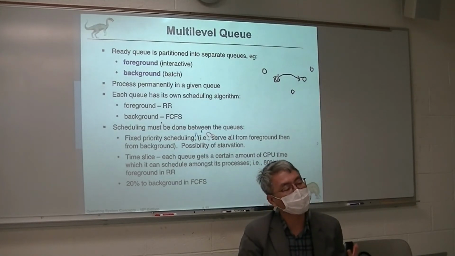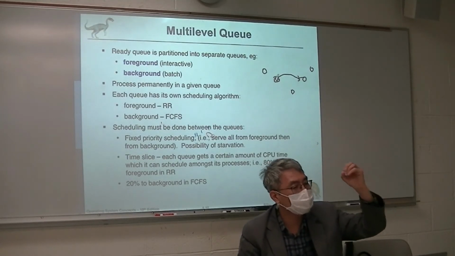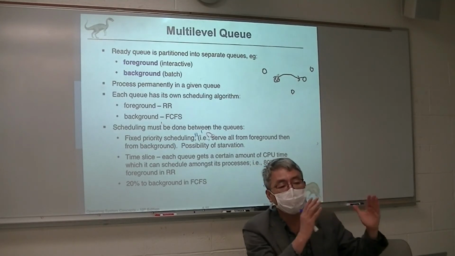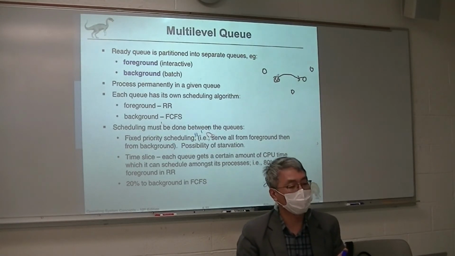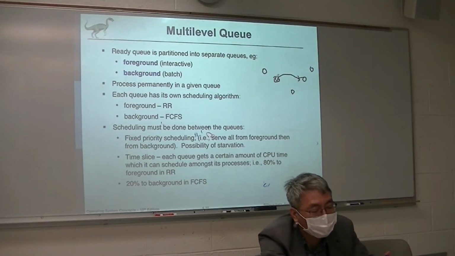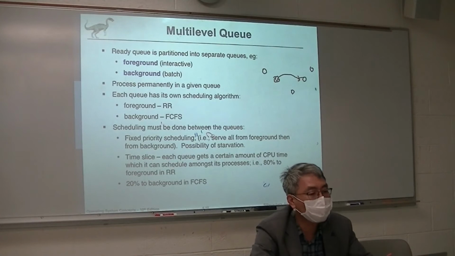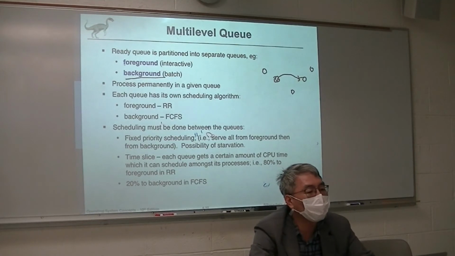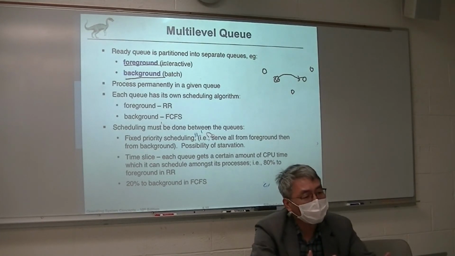System processes are started when you start up your operating system: the init process and kernel process start the system service processes. On the other hand, the application process is what? I want to use the computing resource right away, like Microsoft Word, PowerPoint, or email. So these are application processes. So we can divide the processes, for example, as background service processes, or foreground interactive processes. We can divide the processes by their characteristics.